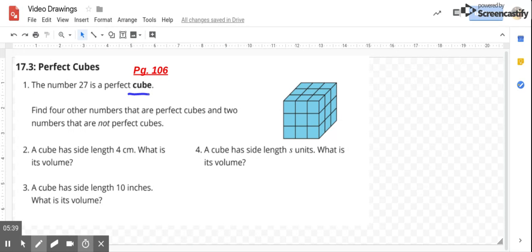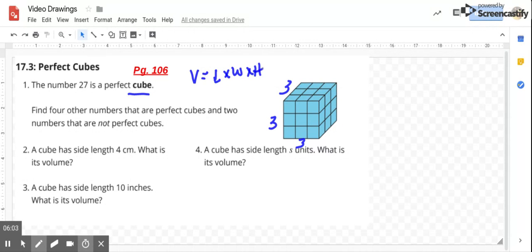So the number 27 is important because this one represents the volume of this shape. So if we knew here we have a 3 by 3 by 3 cube, we would know the volume. If we remember our volume formula, it's length times width times height.